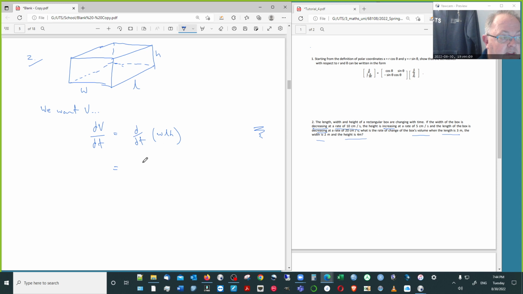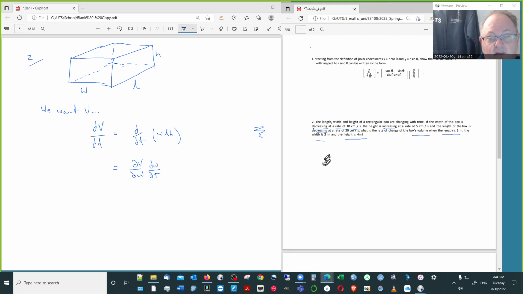Alright, so what's happening here? We're going to put the chain rule together, and I want dV/dt, so I don't need to use implicit so much here because it's all kind of there. So I'm going to put my partials with respect to volume and W with respect to time. I'm still going to have the dV/dt. I'm just going to get it through somewhere else. See, it doesn't go away.